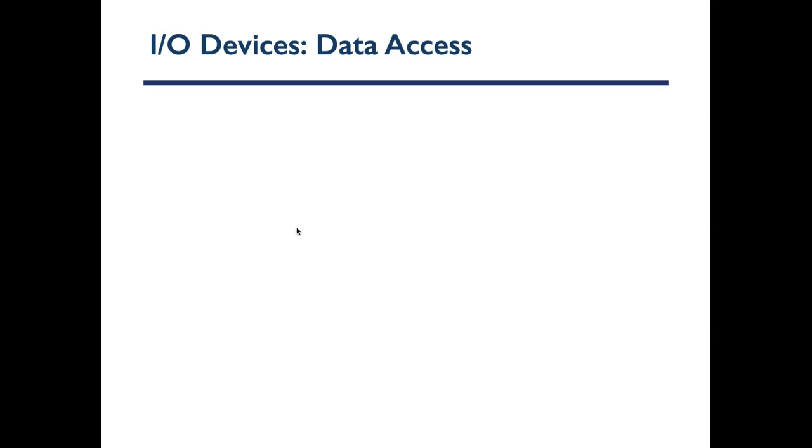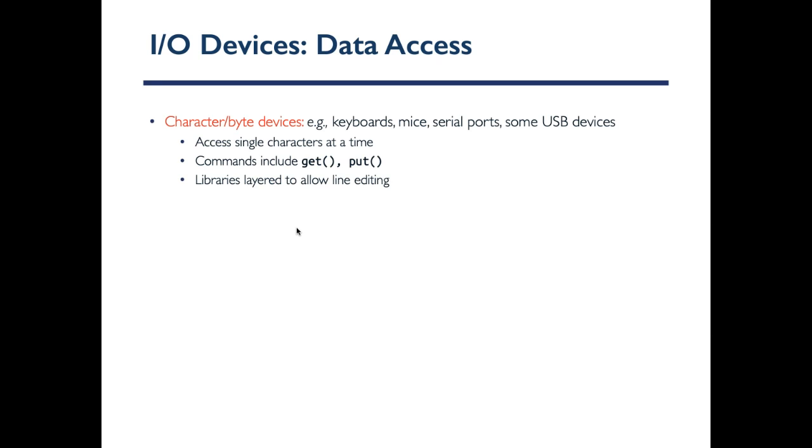The other aspect we have to look into is the data access. How do we access data for our device? Usually, if you have a character or byte device, then you can access data 1 byte or 1 character at a time. Normal commands for this are get and put.